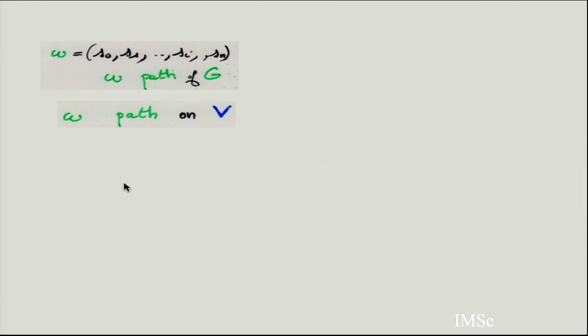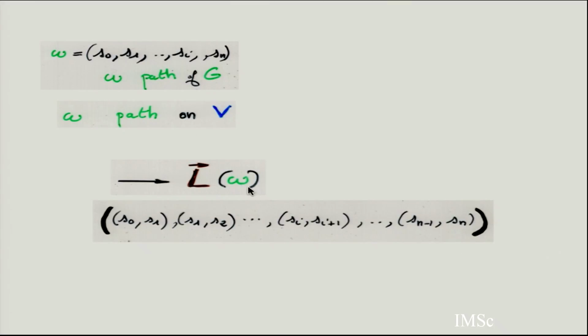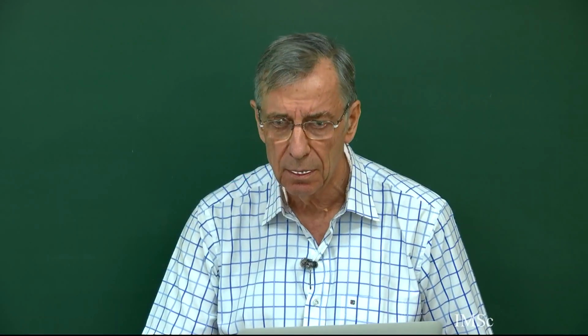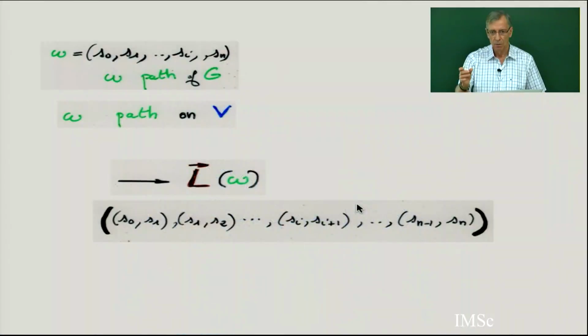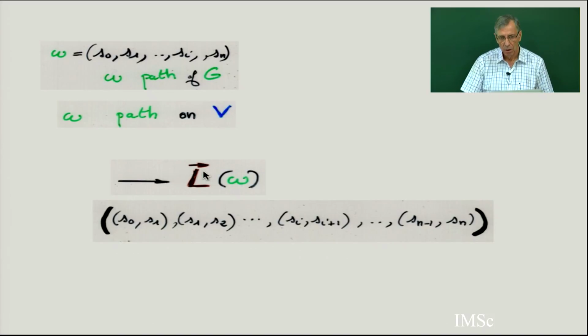Take any path on the graph G, a path on vertices V, and then I define to any path a path of edges, a sequence of edges, oriented. So for the path you have S0, S1, S1, S2, etc., Sn minus 1, Sn.